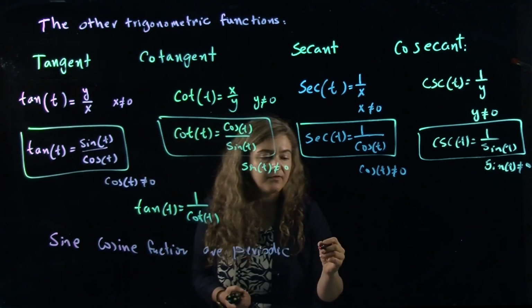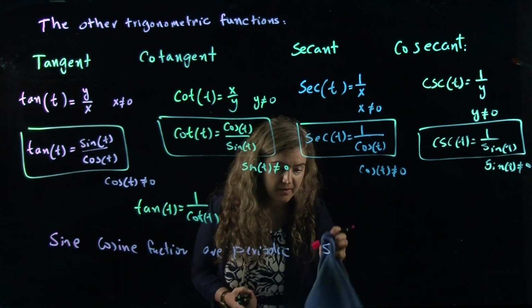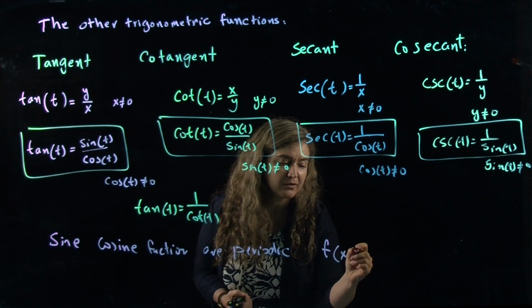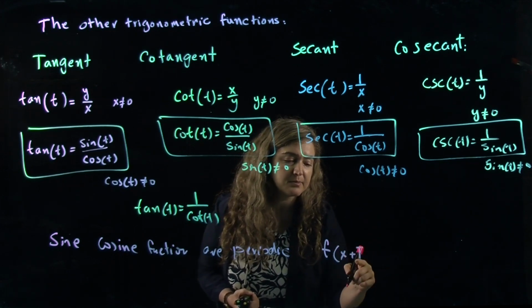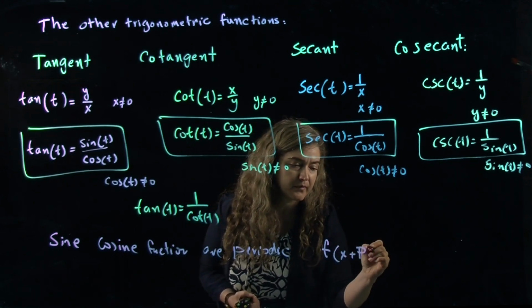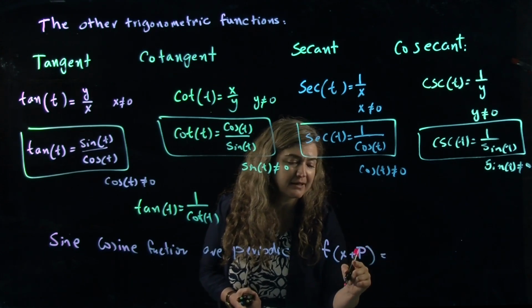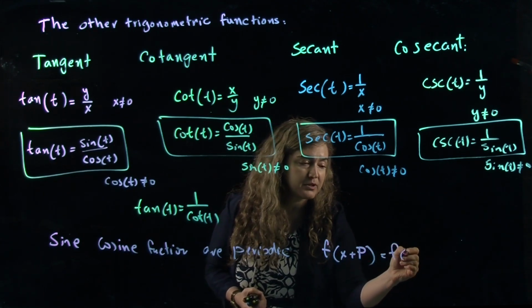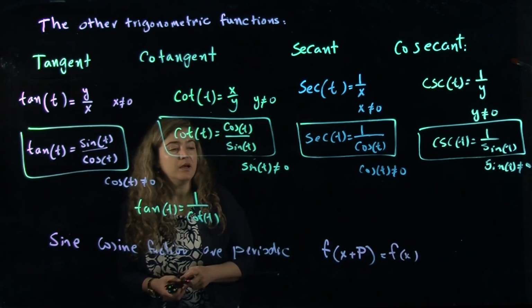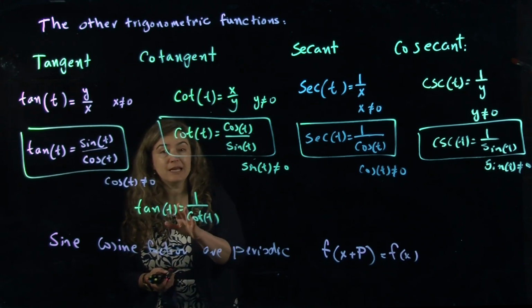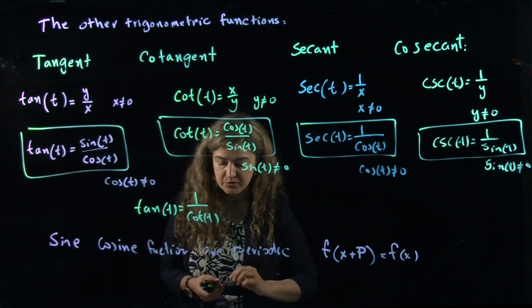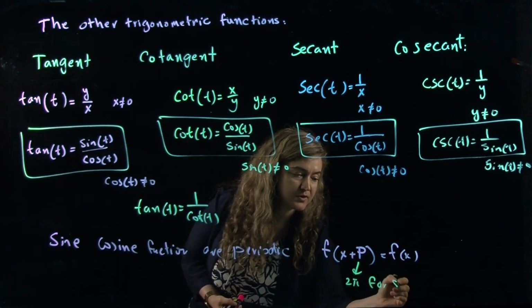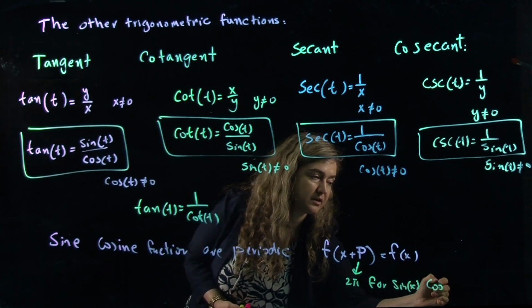Periodic means there is a value, and usually we find the smallest value, p, such that if I add it to x, the input, the output does not change. And for sine and cosine, this p is equal to 2 pi for sine of x and cosine of x.